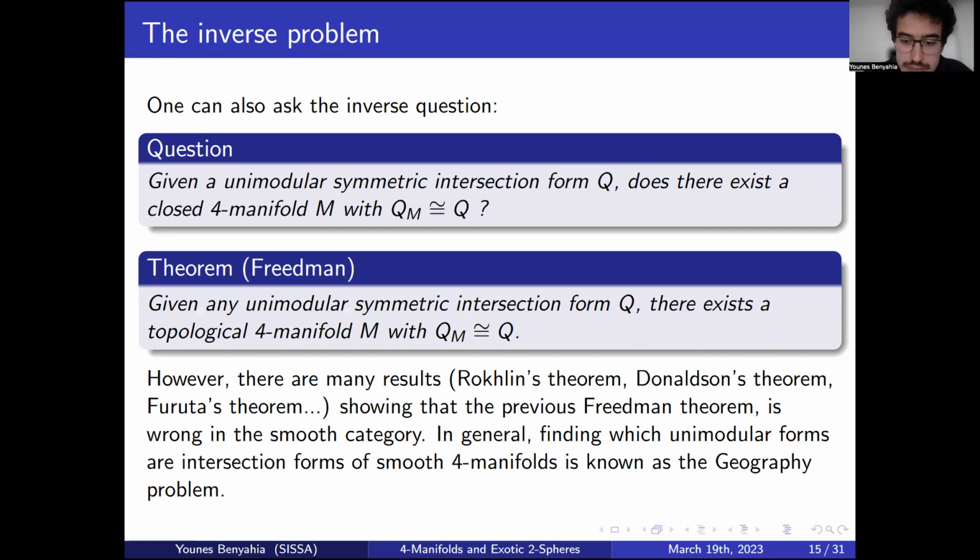In general, finding which unimodular forms are intersection forms of smooth four manifolds is known as the geography problem. One can also ask it for different fundamental groups or for specific properties of the manifold, like you can ask it for symplectic manifolds or for complex ones, and so on.